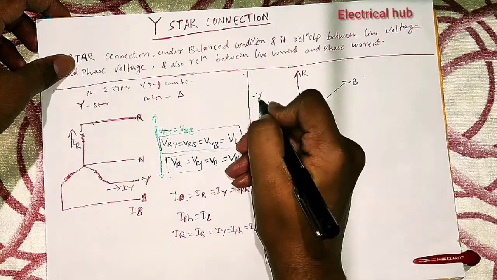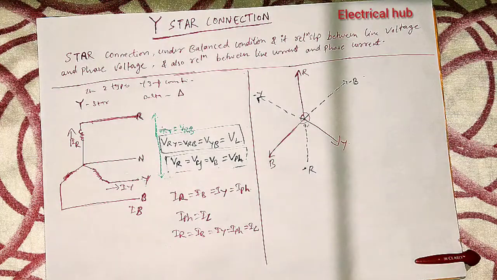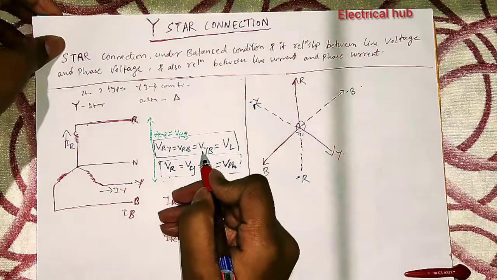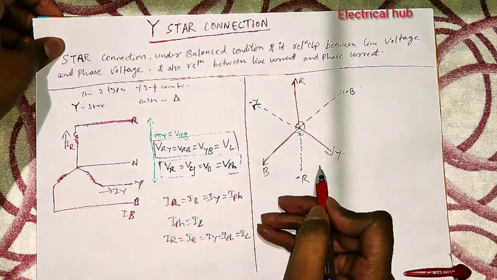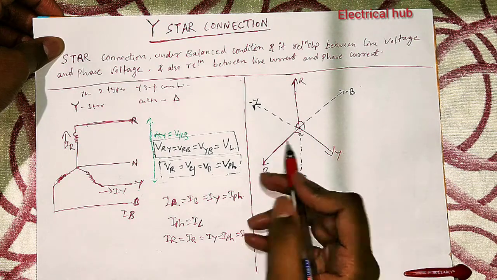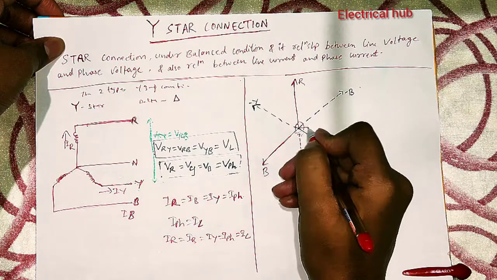Alright, now we have to draw a resultant magnitude of this phasor diagram, which means the line wires, between R and Y, and then between Y and B, and then R and B. So we have to draw a resultant phasor diagram.